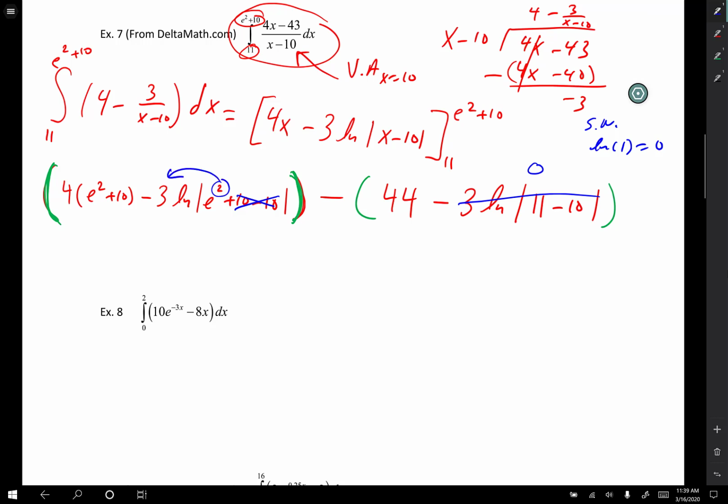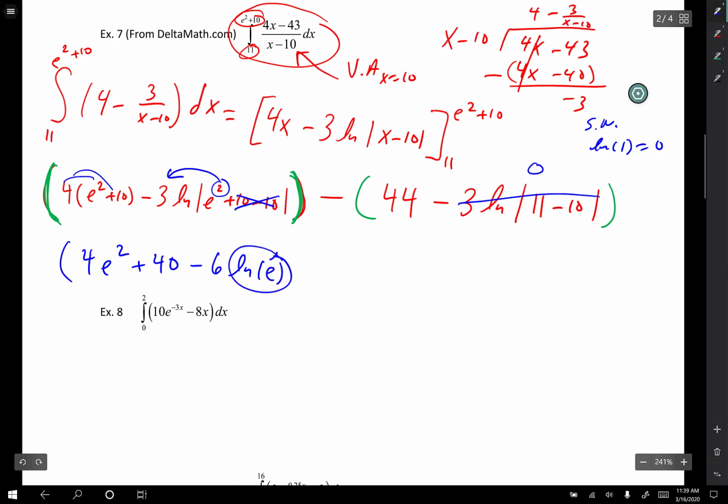So here's what I now have, guys. This first parenthesis, I'm going to distribute this guy like that. So I have 4e squared plus 40, and I just noticed that I did a color change. My bad, guys. Minus 3 times 2 is 6 ln of e. Now remember, ln of e is 1.